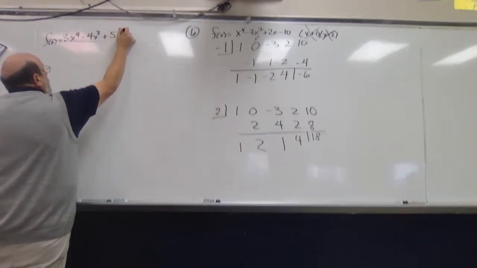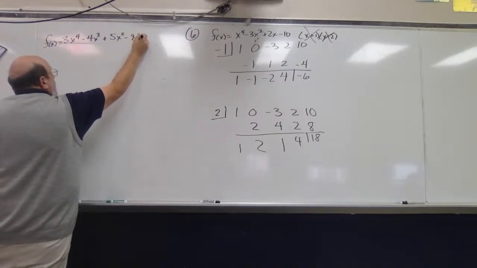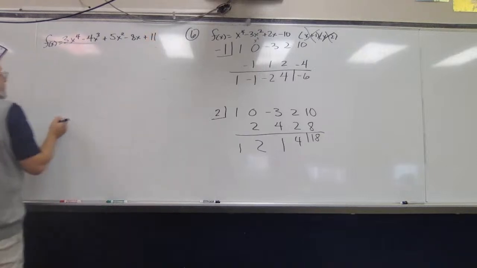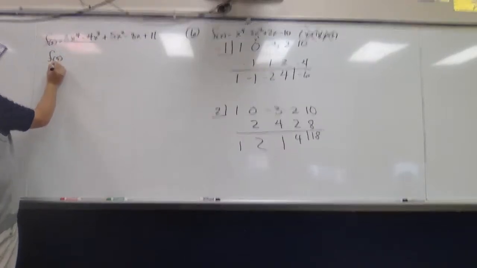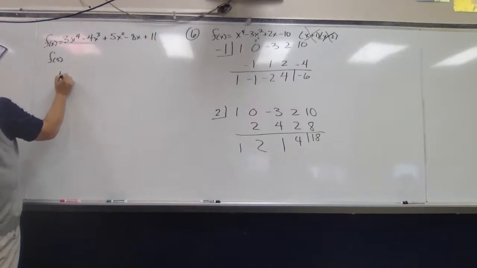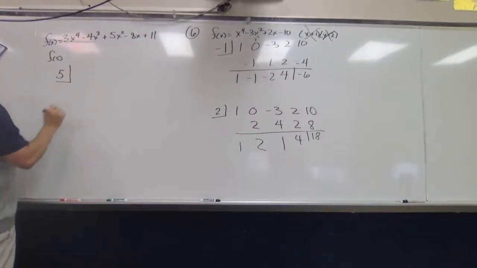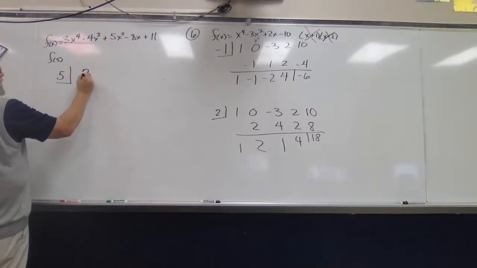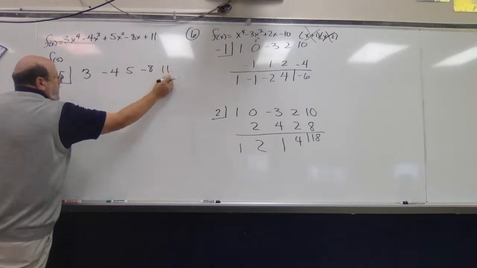Plus 0x cubed, so 3x to the 4th minus 4x squared plus 5x minus 8x plus 11. And they give you a value, f of 5, which is the same thing as just put a 5 in the box. 3, -4, 5, -8, and 11.